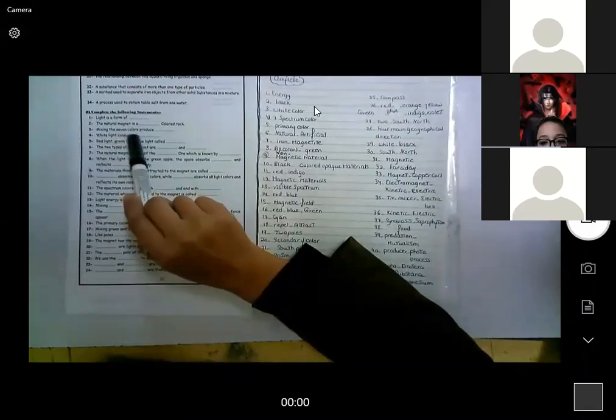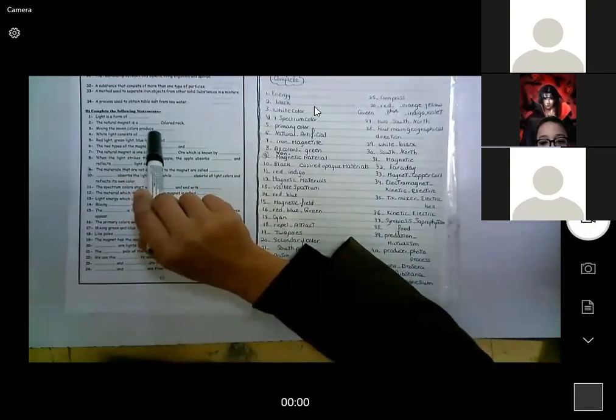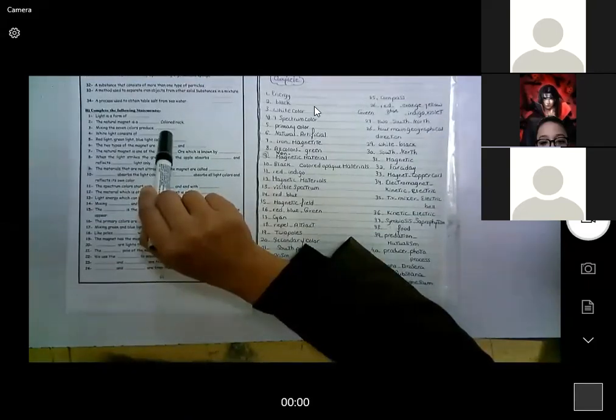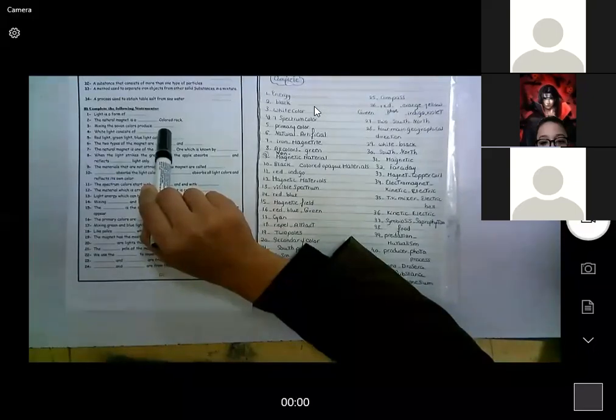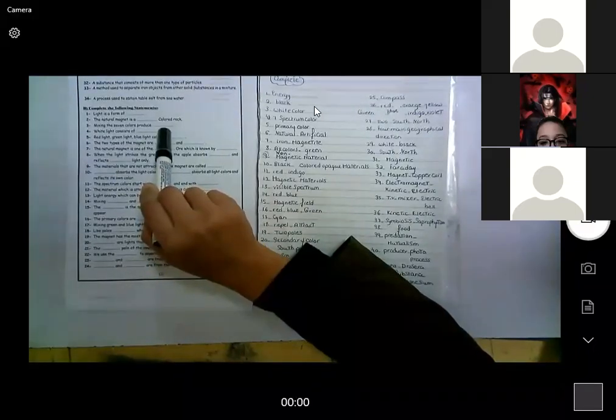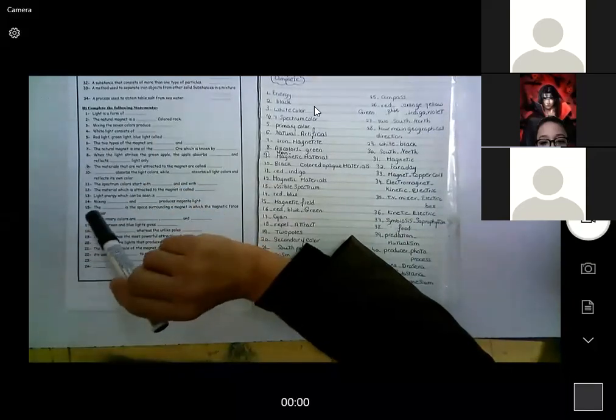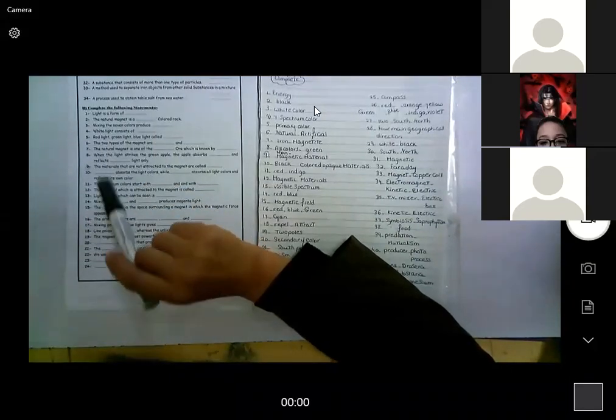Mixing the 7 colors produces, yes, white color. If you answer the scientific term and you study the scientific term, you will find that the complete questions have the same question, but in a different way.